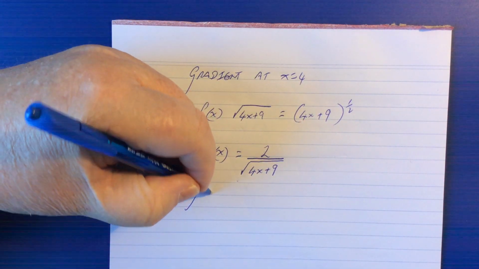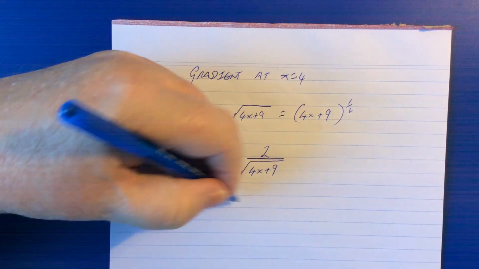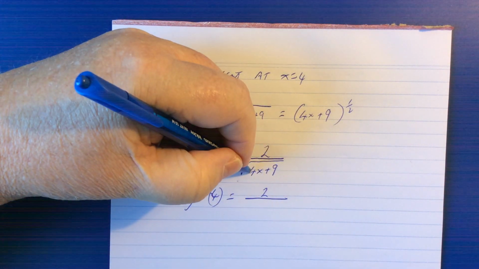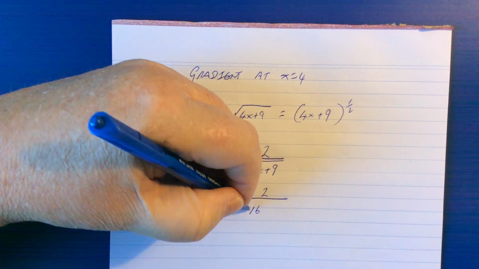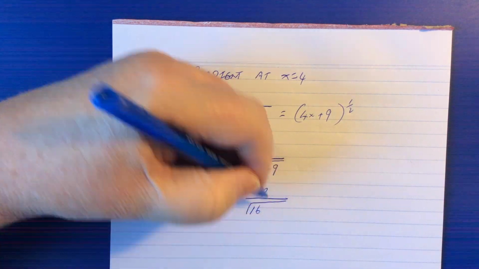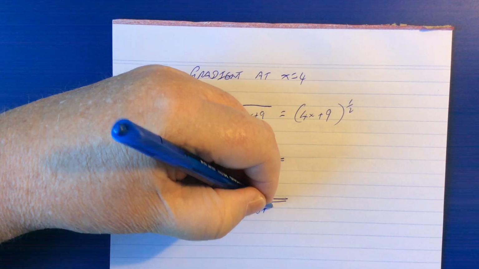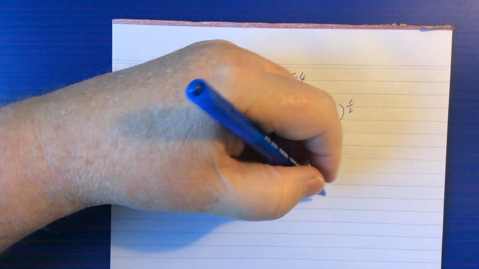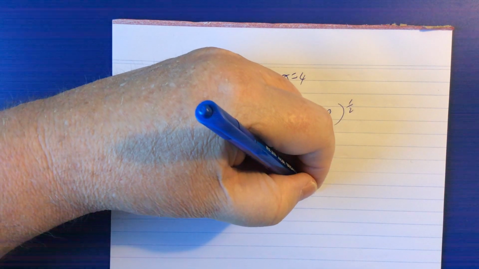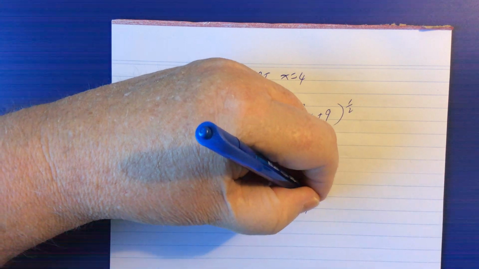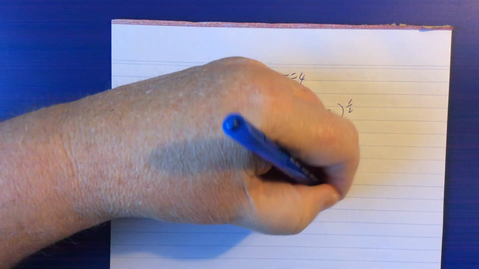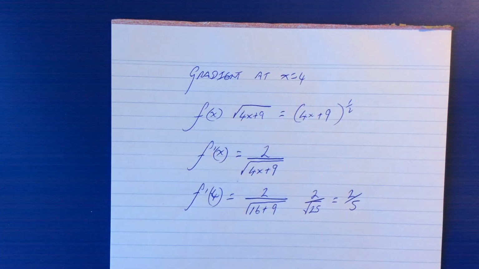So f prime of 4 equals 2 over the square root of 4 times 4, which is 16, plus 9, sorry. So it is 2 over the square root of 25, which equals 2 over 5.